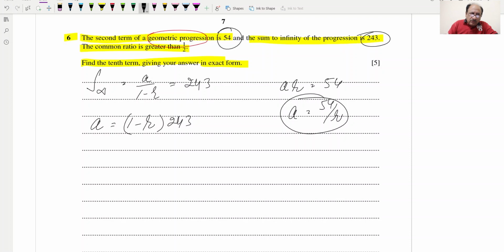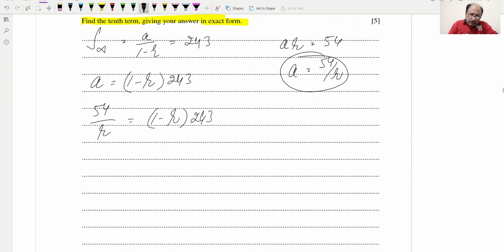In this one we'll be replacing this R value. So 54, we are trying to get a quadratic equation in terms of R.